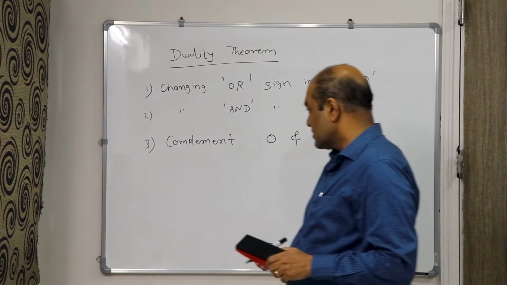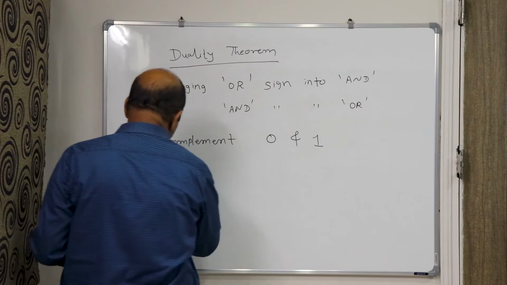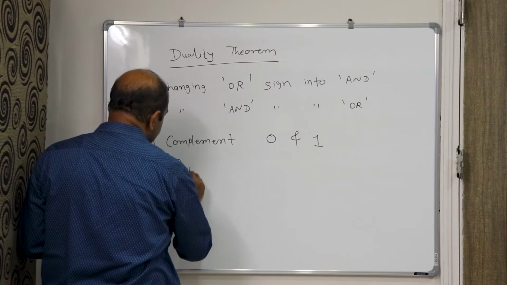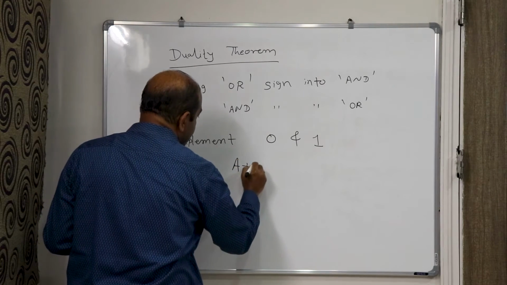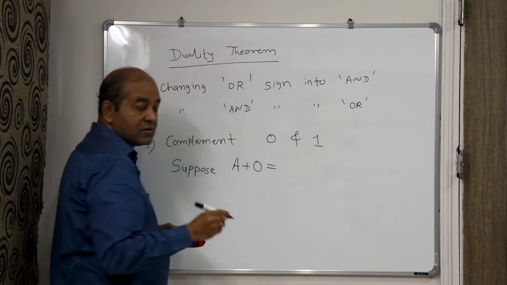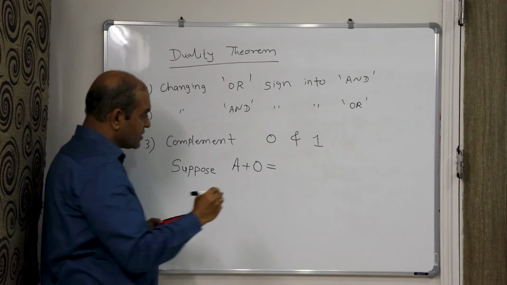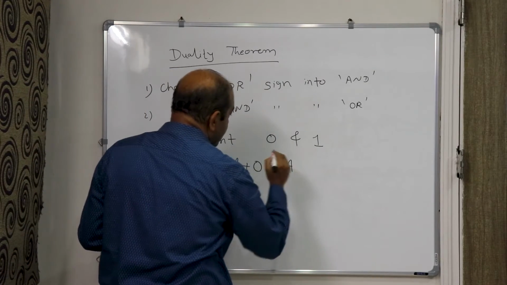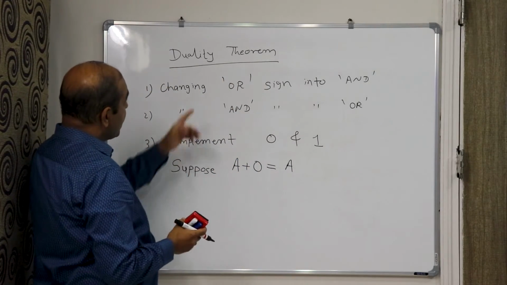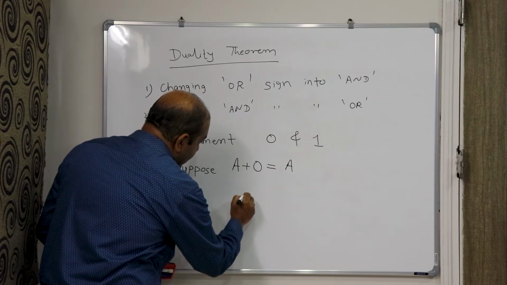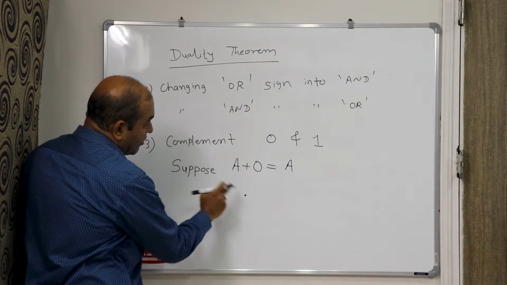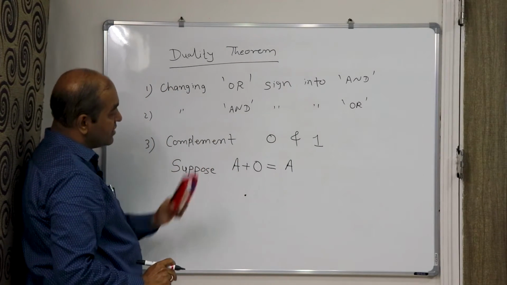See the example. Suppose A plus 0. What is A plus 0? Yes, that is A. Now apply this rule, changing OR sign into AND. So here there is a dot, the OR sign is replaced by AND.